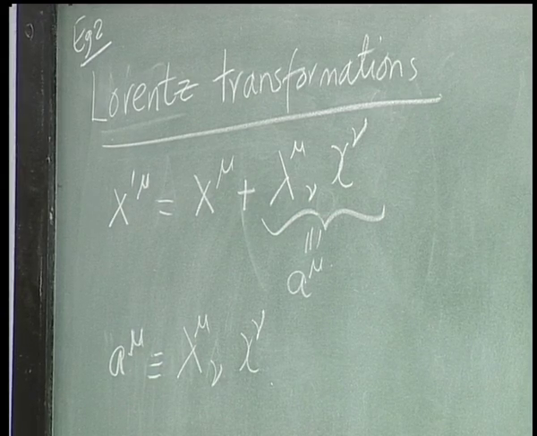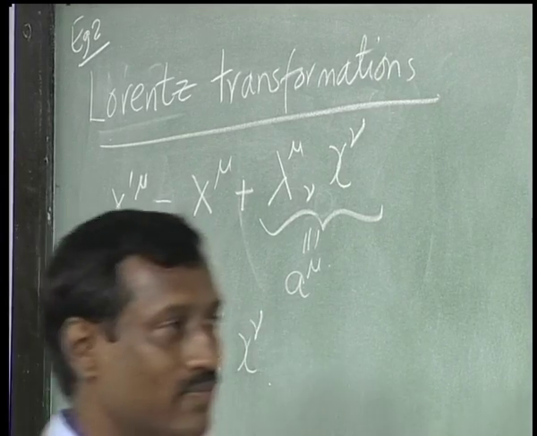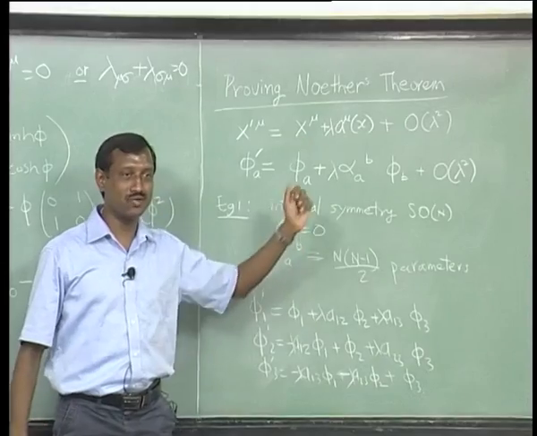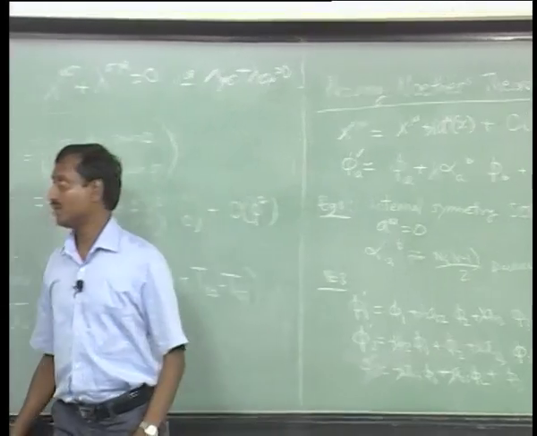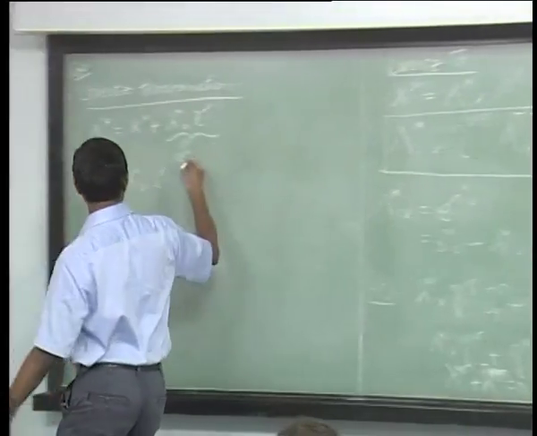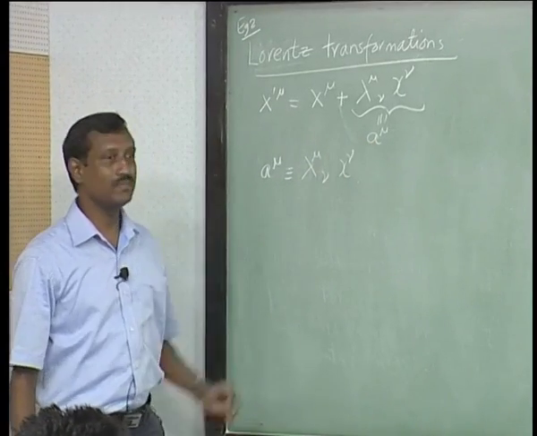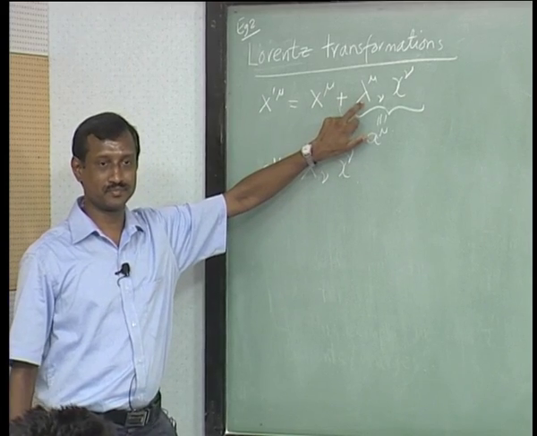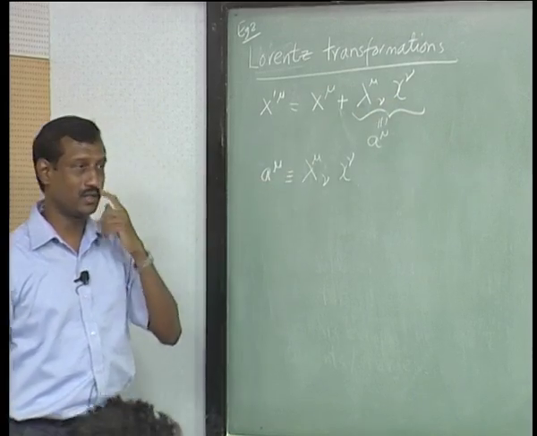So, there is a formal sense in which this aim. So, that is one reason to think of this lambda parameter which I am writing out here as a bookkeeping device, as a formal parameter. I would be wrong in assuming that a mu is small, even though lambda is. It depends on the x's.